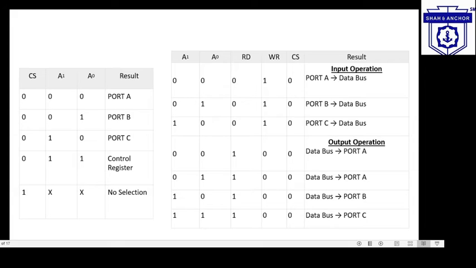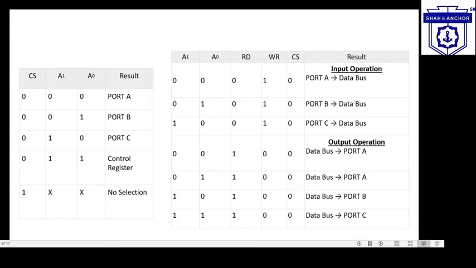When CS, A1 and A0 are all 0, it selects port A. Then when it becomes 001, it selects port B. When it is 010, it selects port C. Then if you want to select the control register, what is the value of A1 and A0? 1. And the last, if there is no selection, A0 and A1 are don't care and chip select is 1.